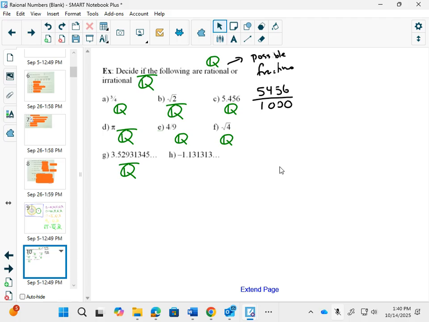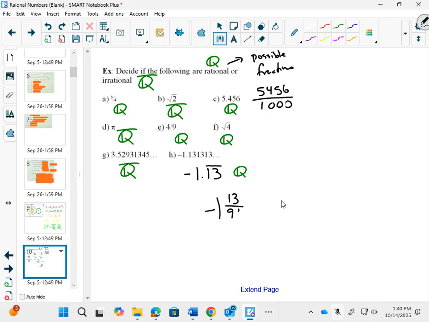Though, do you see that one? 1, 3, 1, 3, 1, 3 keeps going. So we could draw that with a 1, 3, the bar over top of it, saying that that pattern repeats itself. And any repeating decimal is a fraction. In fact, this would equal -1 and 13/99 if you wanted to write it as a fraction.